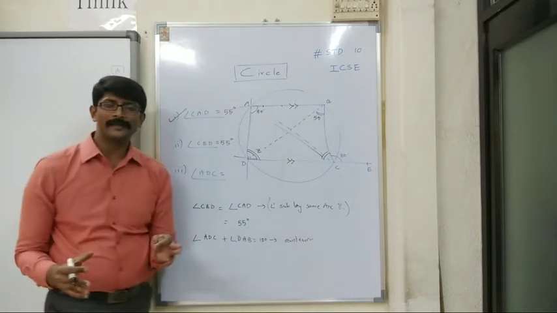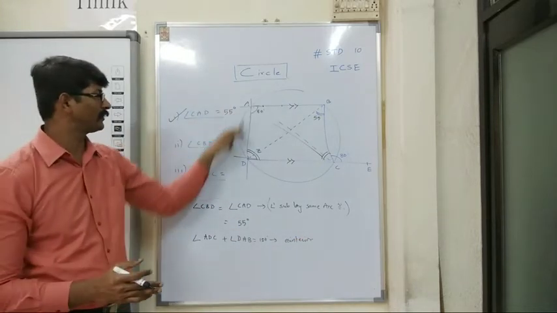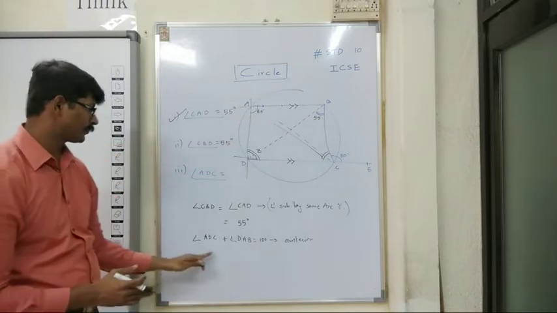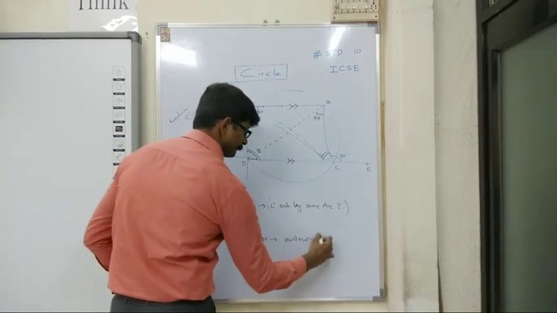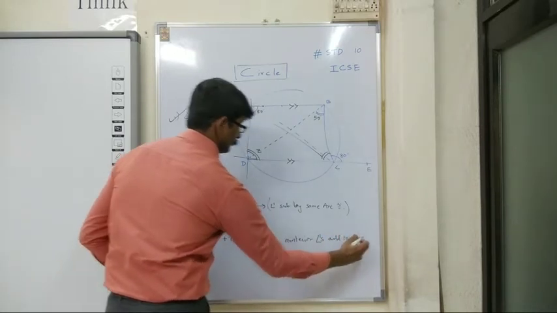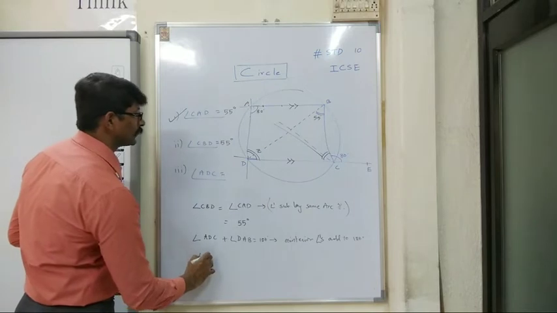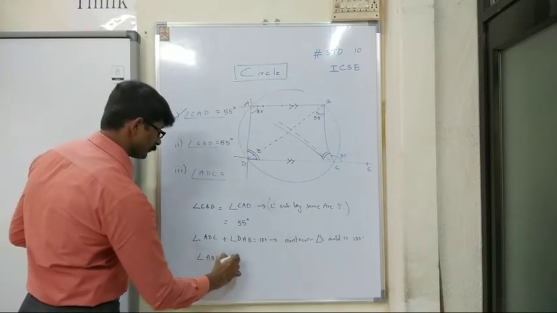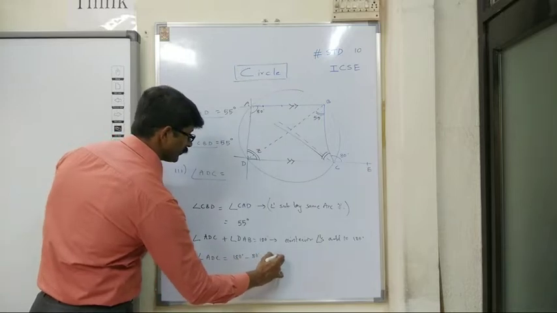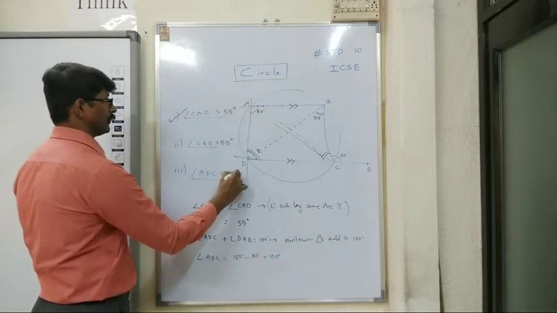What is a co-interior angle, student? Co-interior angles are between the two parallel lines and on the same side of the transversal. So co-interior angles add to 180 degrees. So angle ADC is 180 minus 80, which is 100 degrees.